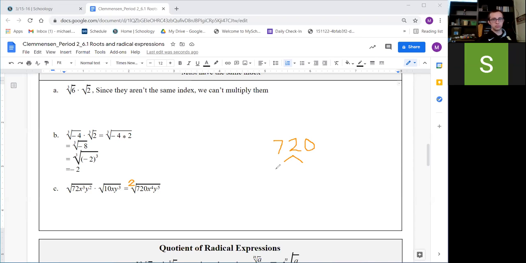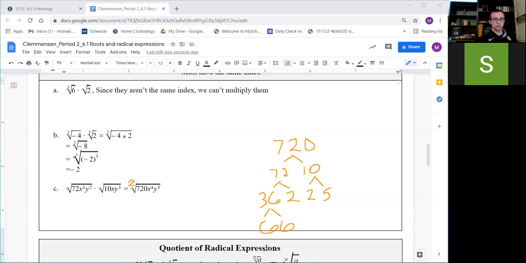Let's do some pretty easy ones. 72 times 10. 72 is equal to what? 36 times 2. 10 is equal to 2 times 5. And 36 is equal to 6 times 6.